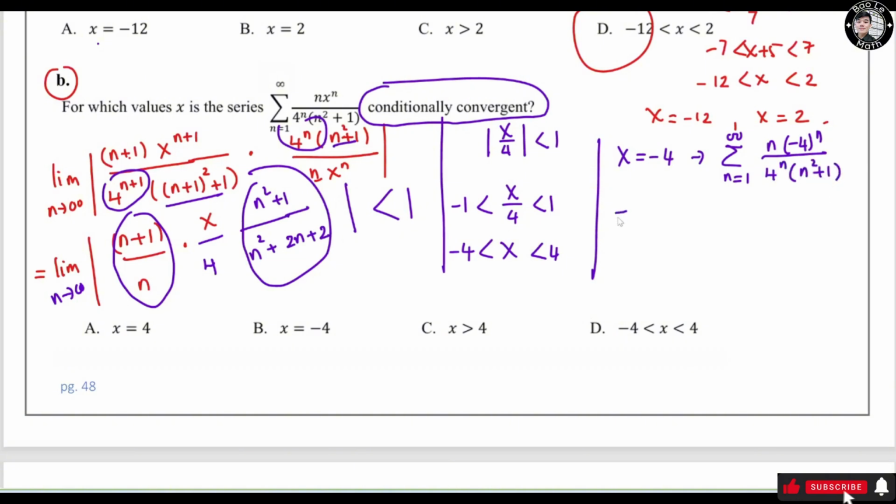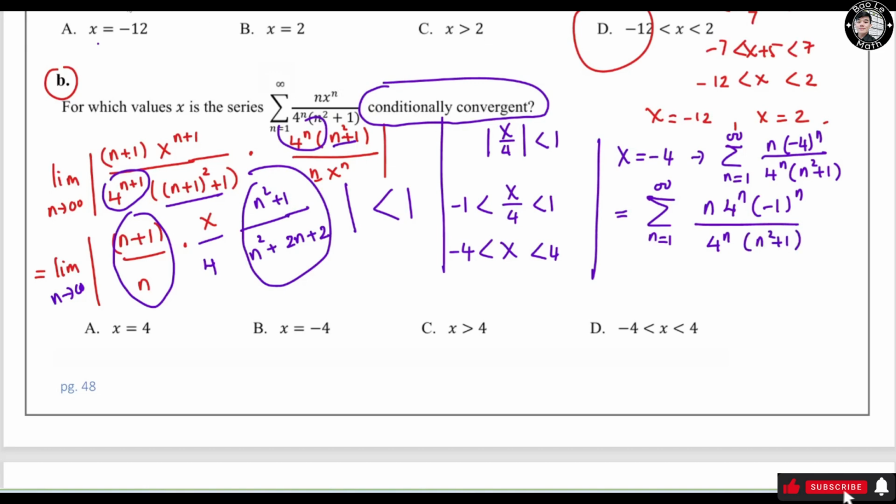So it's going to be the series with n from 1 to infinity of n times 4 to the n times negative 1 to the n over 4 to the n times n squared plus 1.